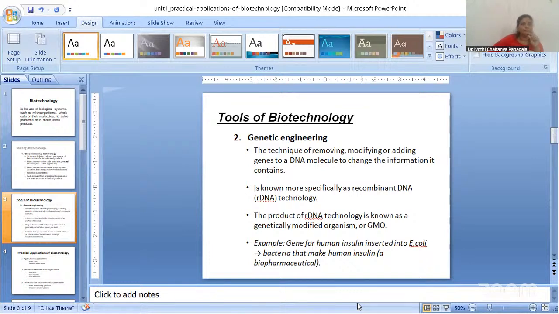For example, Agrobacterium tumefaciens, a soil bacterium known as nature's own genetic engineer, has the natural ability to genetically engineer plants.